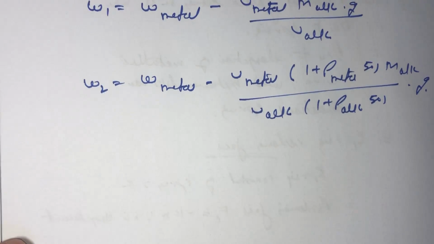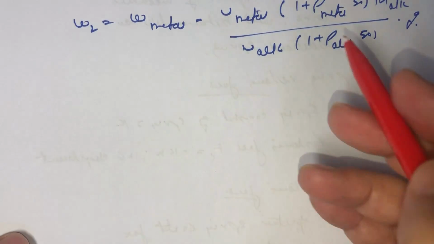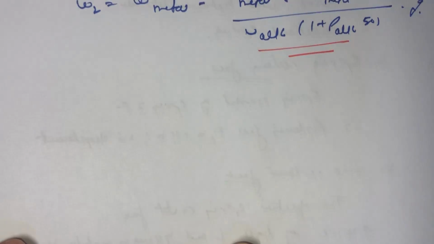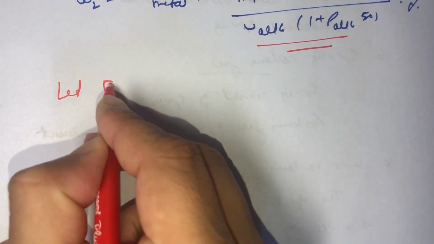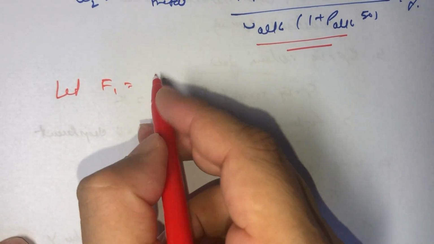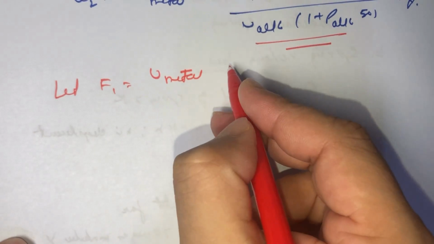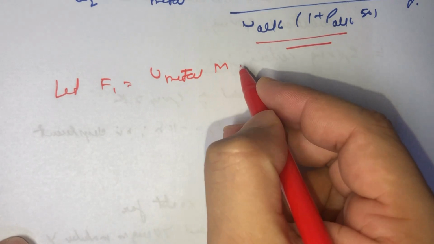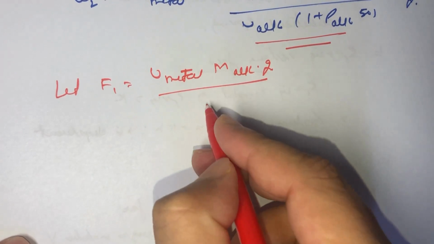So here we assume that this entire term is F1 and this entire term is F2. So let F1 be equal to V metal and mass of alcohol multiplied by G divided by V alcohol.